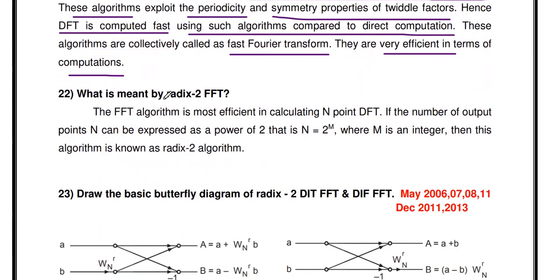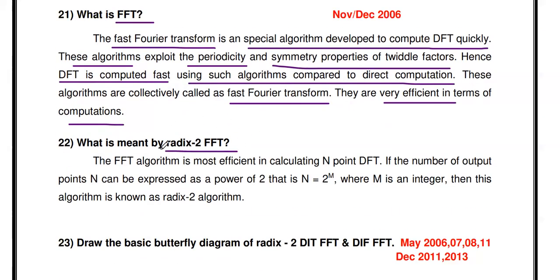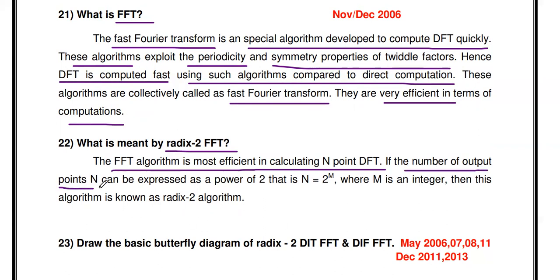And the next one, what is meant by radix 2 FFT? The FFT algorithm is otherwise called radix 2 FFT. Why is it radix 2? The FFT algorithm is more efficient in calculating the N-point DFT if the number of output points, capital N, can be expressed as a power of 2.